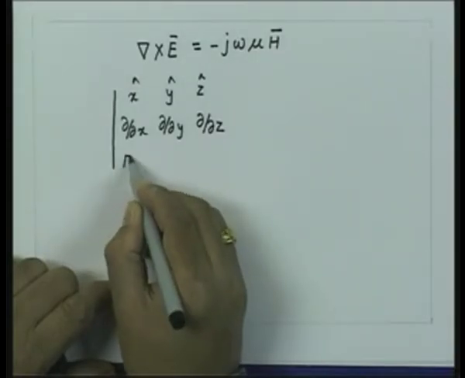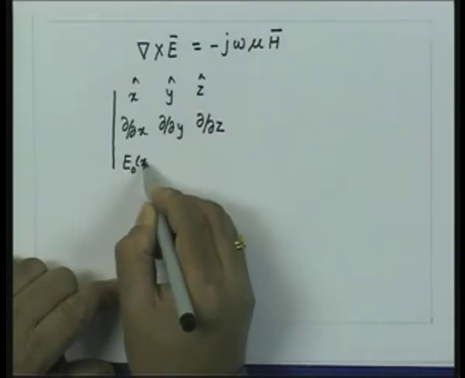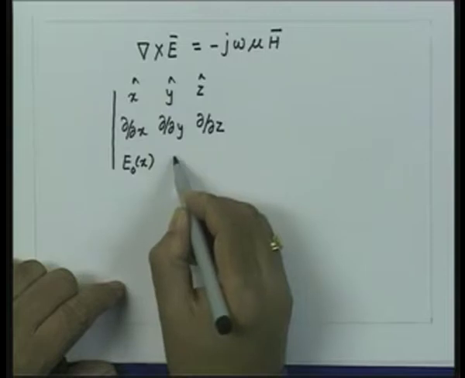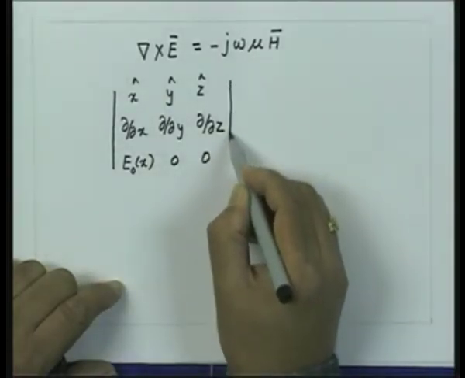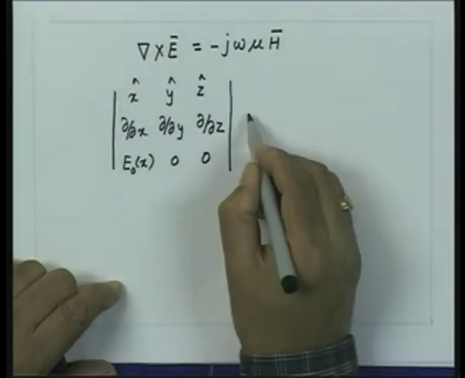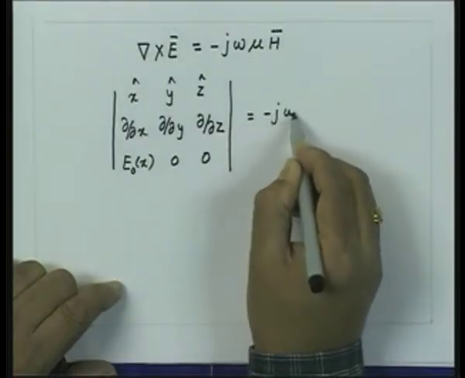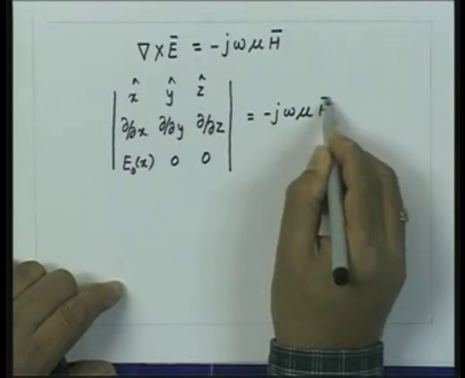So, this is E0 function of x, 0, 0, and that is equal to minus j omega mu into h.